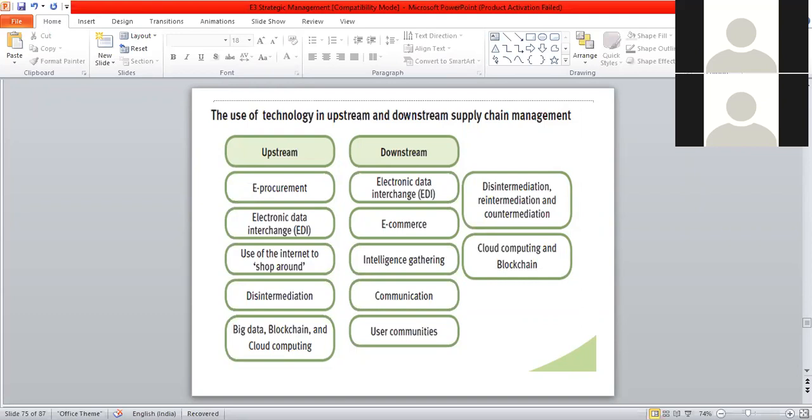So the way in which the data and information is gathered, the requirements of the customers are understood, the needs are analyzed, the preferences are understood, then use of other electronic media to be connected with the suppliers upstream and with the customers downstream, through various channels through which the customers can be connected.